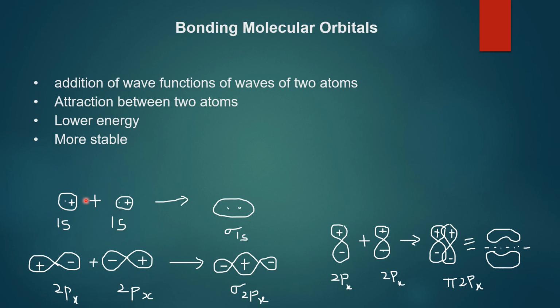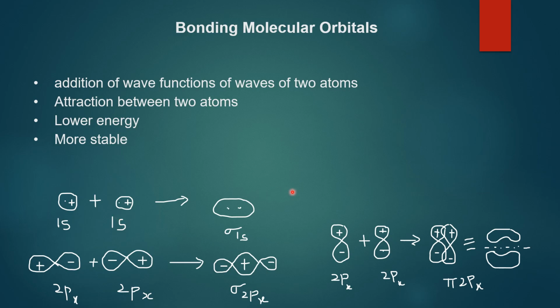If you keep the two atomic orbitals in a horizontal position, we will get the sigma bond formation. While in the case of the third picture, you have to keep the two atomic orbitals in a vertical position, then we will get the pi bond formation. That is the differentiation between the second picture and third picture.